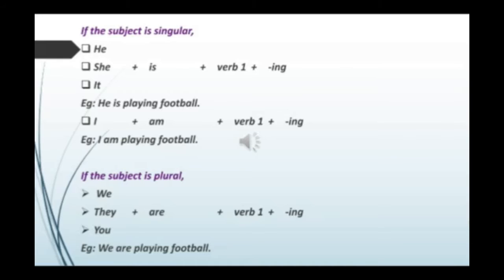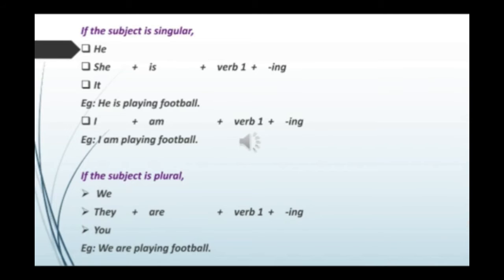If the subject is singular, that is he, she or it, we have to use is, then the first form of the verb, then ing. For example, I am taking the subject he. So automatically along with he I have to place is, then the first form of the verb play.